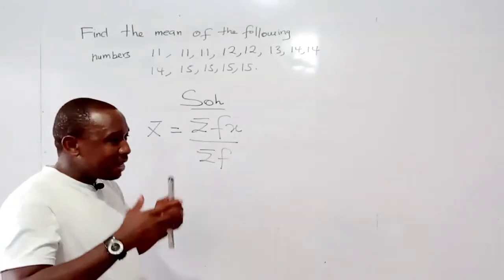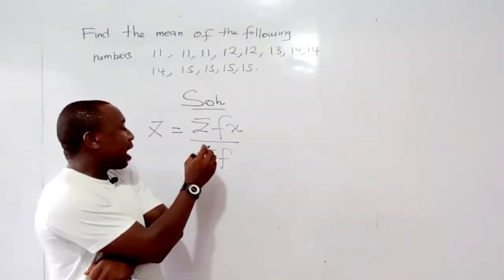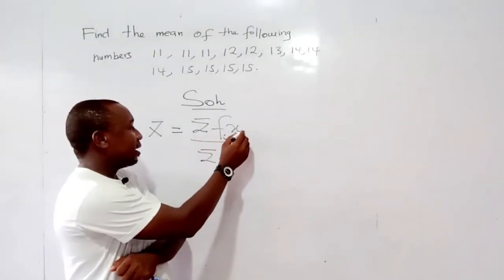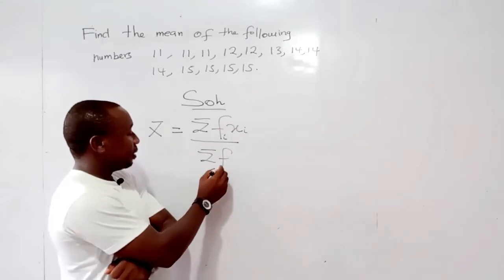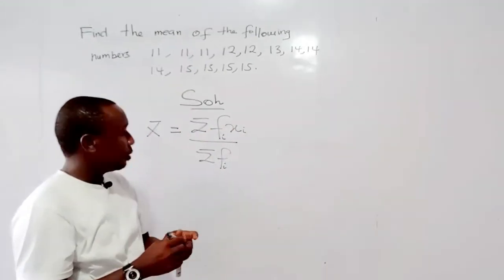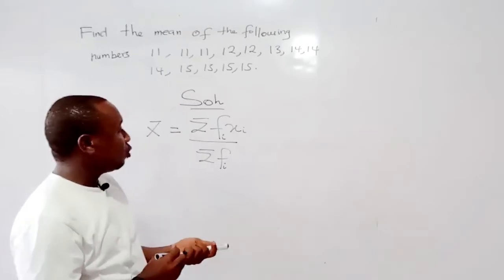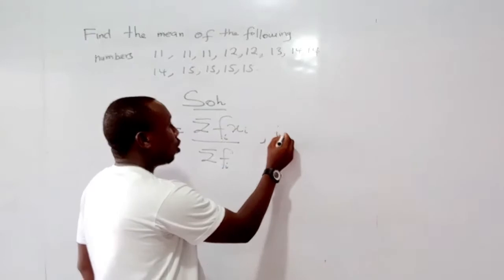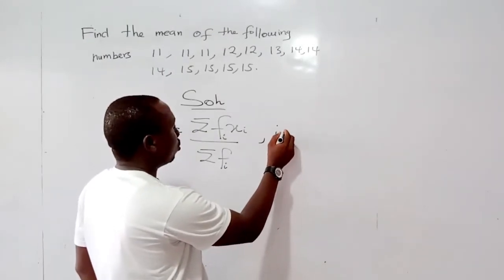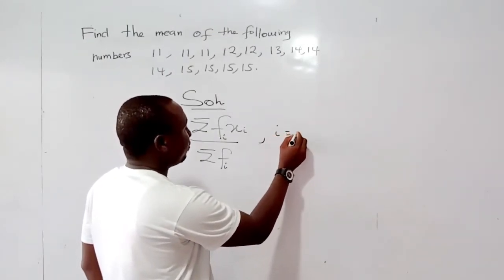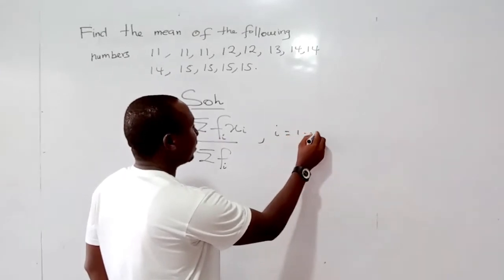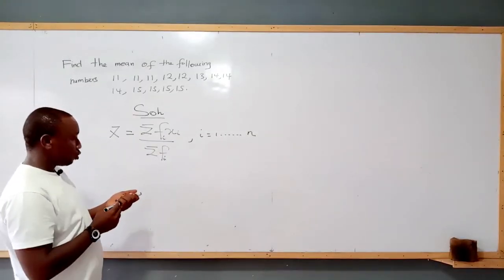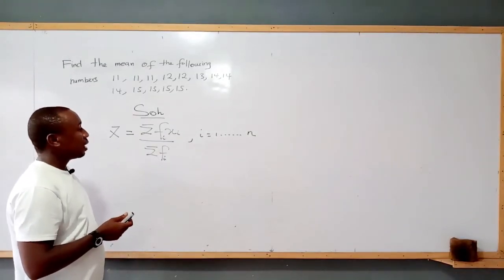Normally or ideally, this is how it's supposed to be, with i here and i here. And we conclude that i also takes values from 1 up to n.